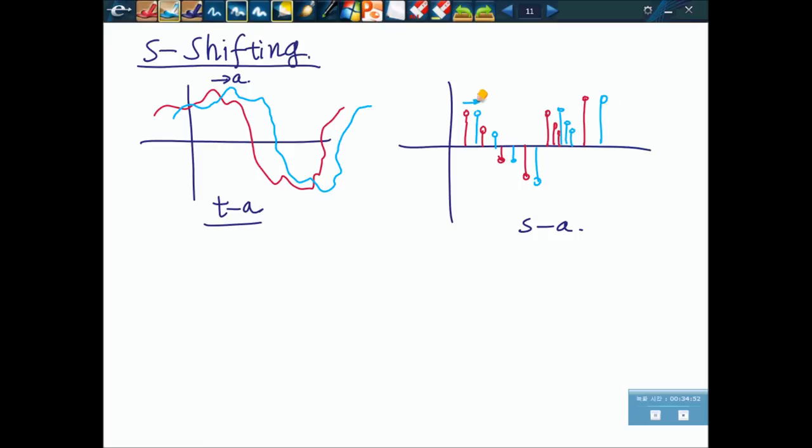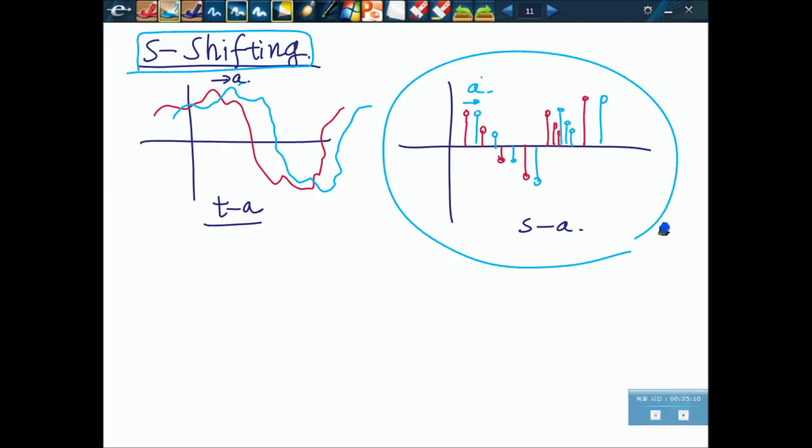A is frequency here, and A in the time domain is time T, in seconds. That's the shifting in both domains. S shifting means shifting in S domain.